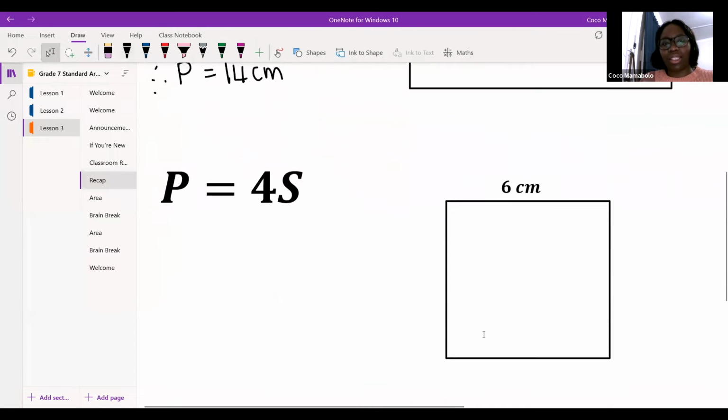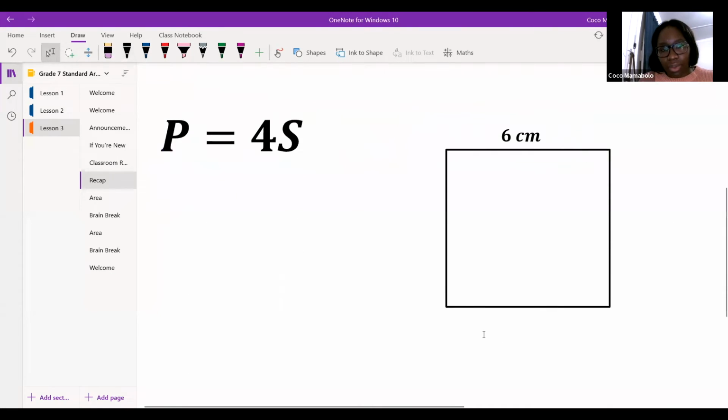Then we looked at squares, and the squares one is pretty easy. Monde, if you want to answer, remember, you need to put your hand up. Now, if I want to calculate the perimeter of a square, all I have to do is 4 times one of the sides, because all the sides are equal to each other.